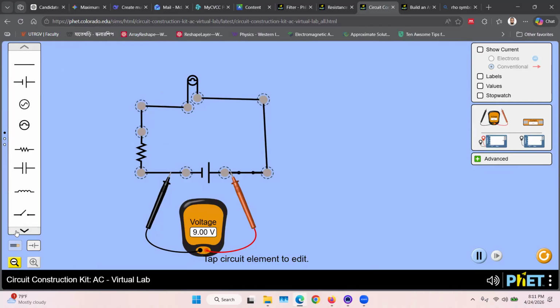We think that current actually flows from the positive side to the negative side, but current is actually nothing but the flow of electrons per unit time. So here electrons actually flow from the negative side to the positive side.